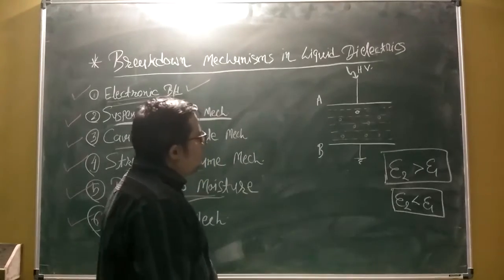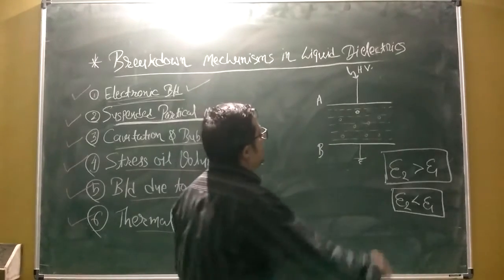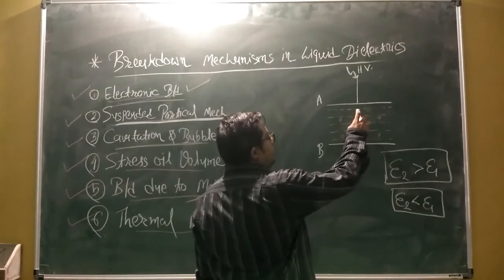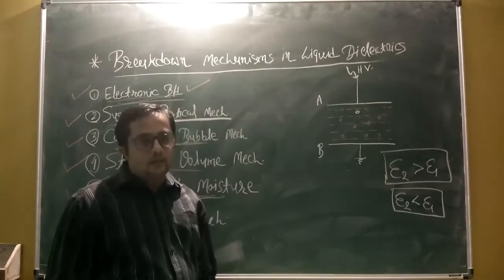So now, when the voltage is applied, the potential gradient across the impurity is increased.